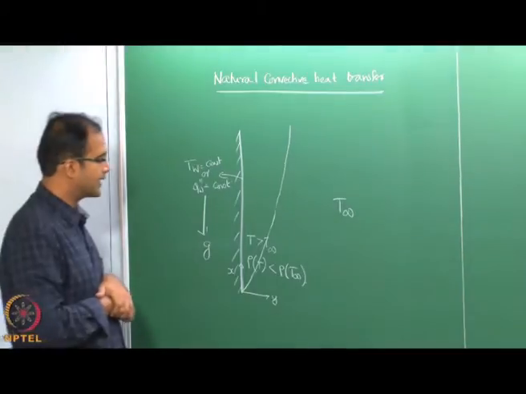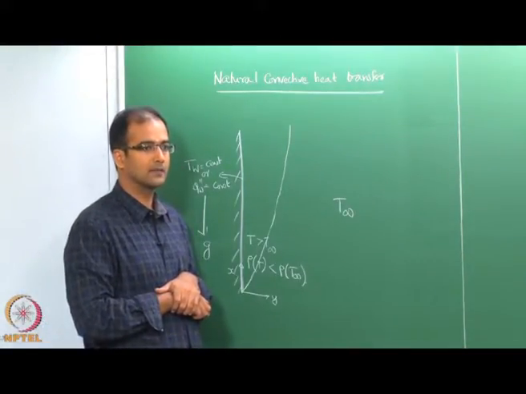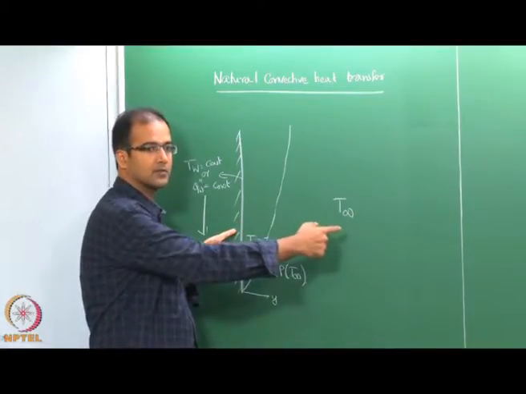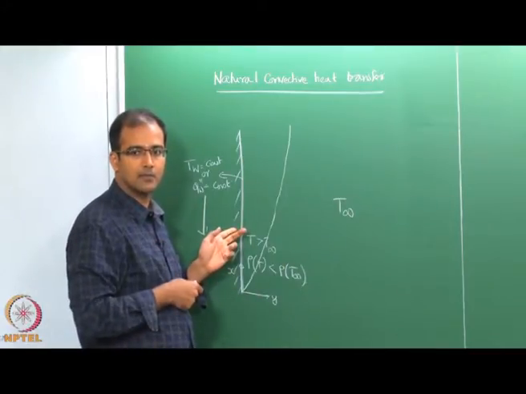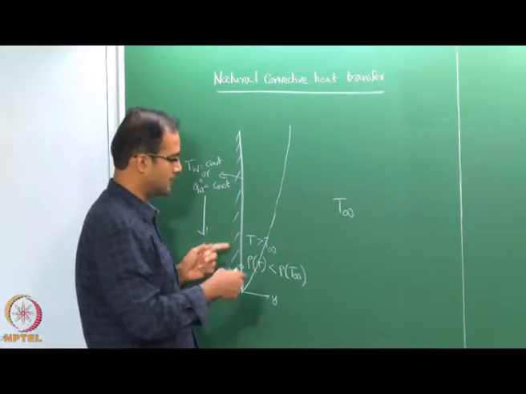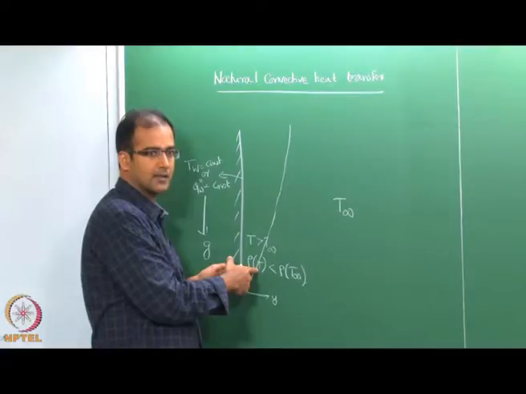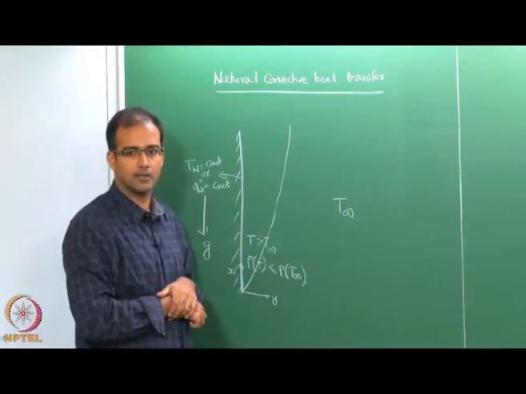So, in the case of the natural convective boundary layer, the boundary layer formation happens essentially due to a temperature difference. This is the starting point of the convection, and because of this temperature difference, a density difference is maintained between the hot air close to the plate and the ambient quiescent air outside.